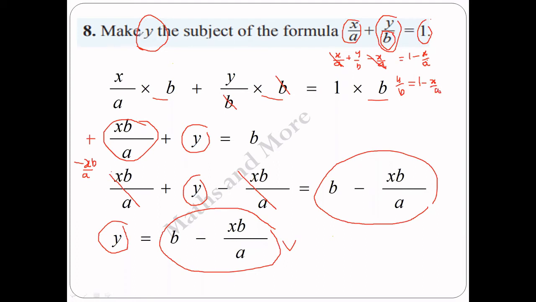Okay. Now we want to make Y the subject. So you have to remove this B. So how do you remove division? You can remove division by multiplying.